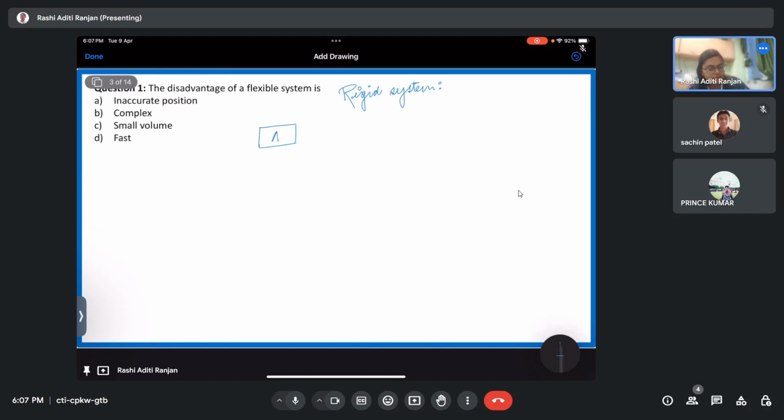Suppose this is a body A. It is kept on a floor, and now I apply a force F on it. What is going to happen?